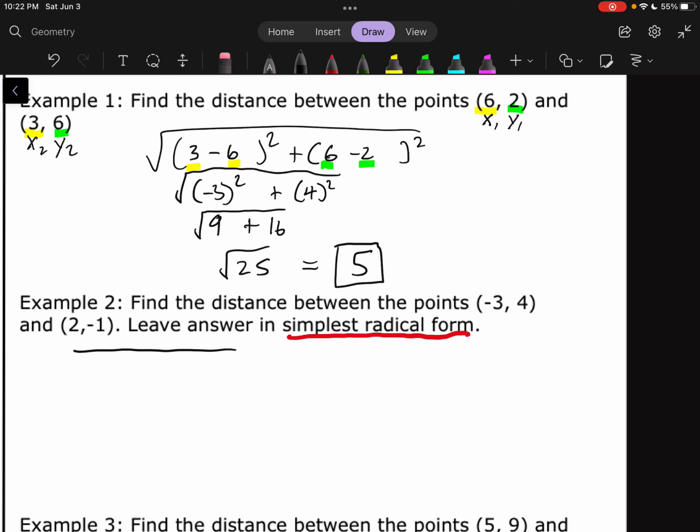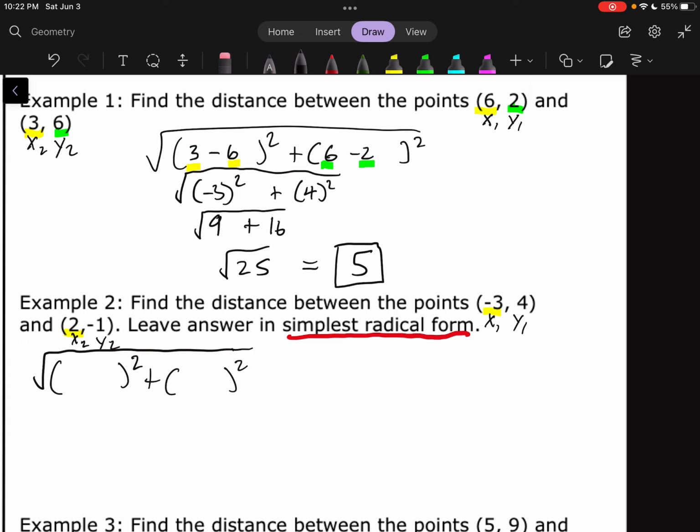But let's set up our general formula here. Remember, you can always write this part out. And let's see what's going on here. So let me label this one more time: x1, y1, x2, y2. So inside the first parenthesis is supposed to be x2 minus x1.